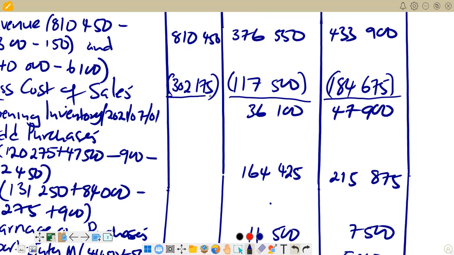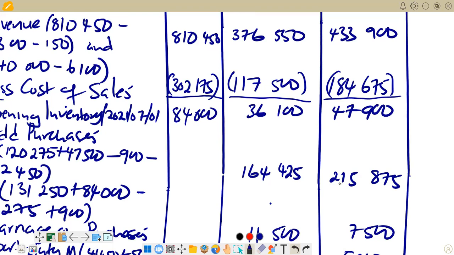This is the figure that we have for cost of sales. Then here, if you add this one plus this one, that is 47,900. And you get 36,100. You're supposed to get 84,000.